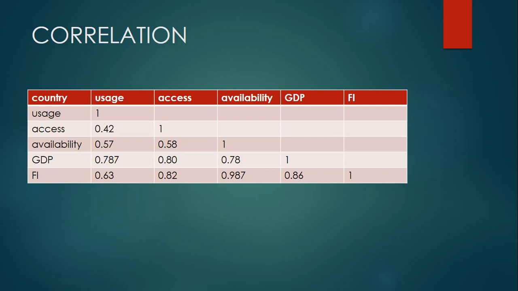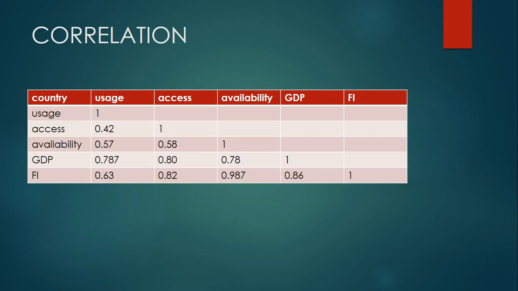So financial inclusion here is the dependent variable, while usage, access, and availability of the different financial services are the independent variables, as well as GDP, which is also an independent variable.